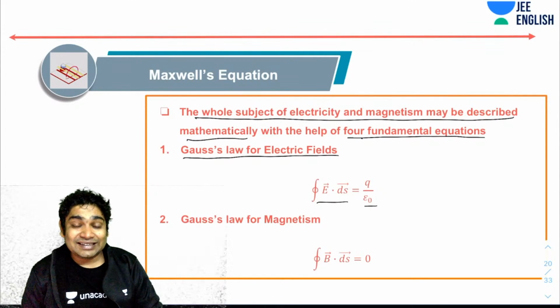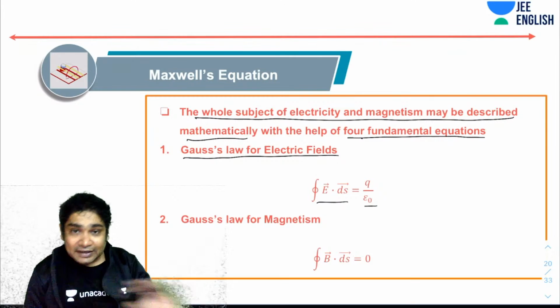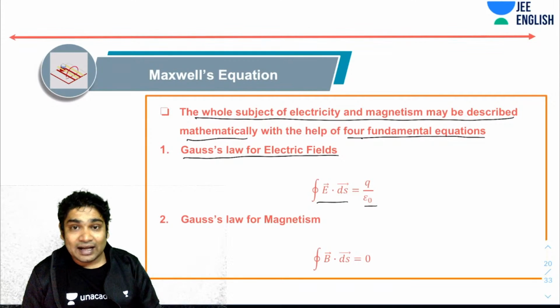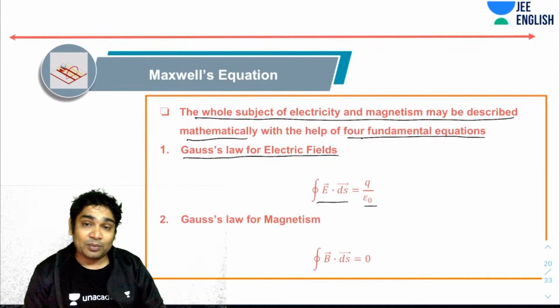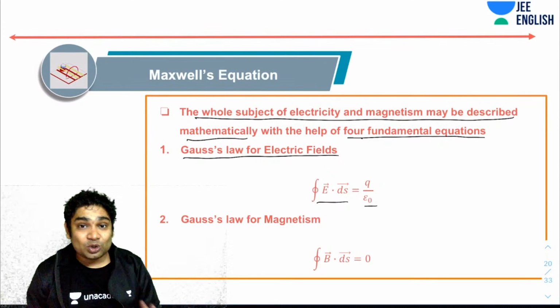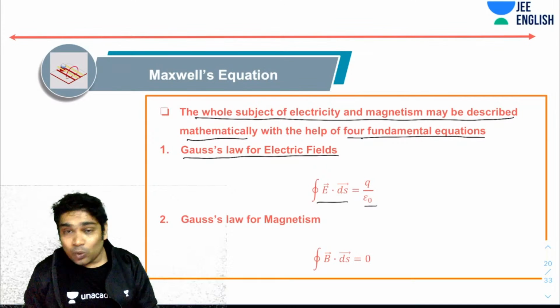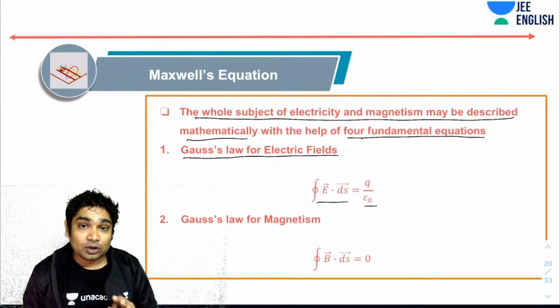So it turns out that this law is valid for any kind of electric field that you may have. You may have created that electric field from any kind of phenomenon, but all electric fields inherently show this, that the net flux passing through a closed surface is always equal to Q enclosed over epsilon naught.